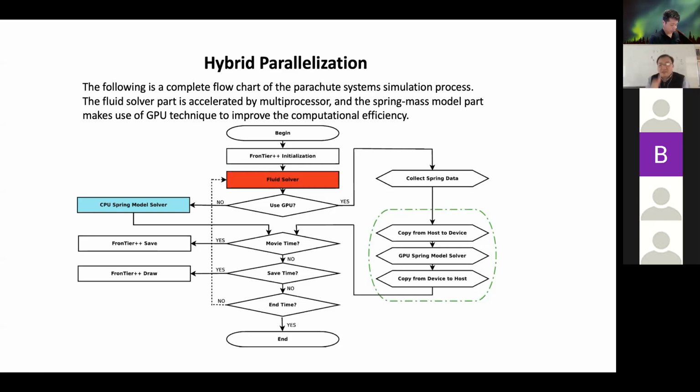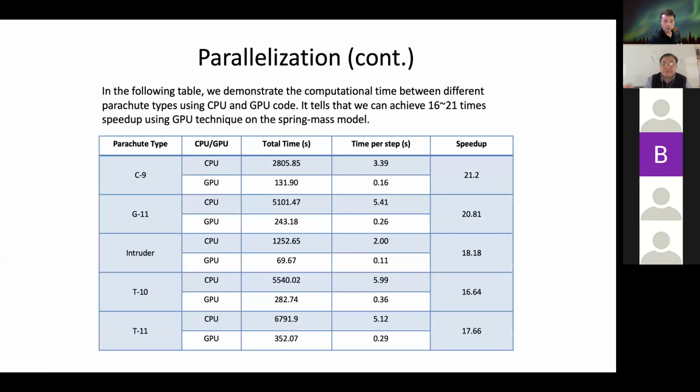After that, you cut them into pieces and send them to different subdomains to couple with the fluid solver. So that's the idea, and we call it hybrid parallelization.